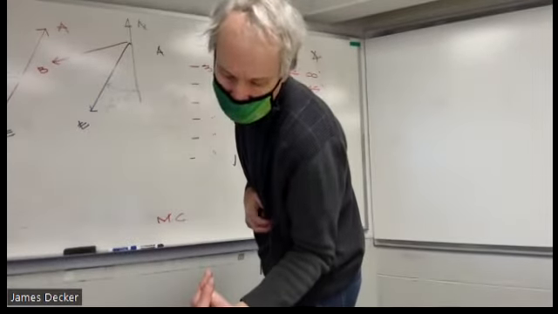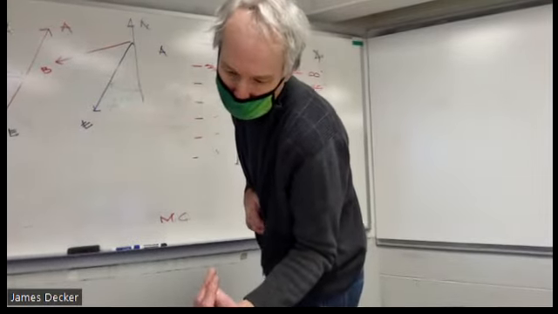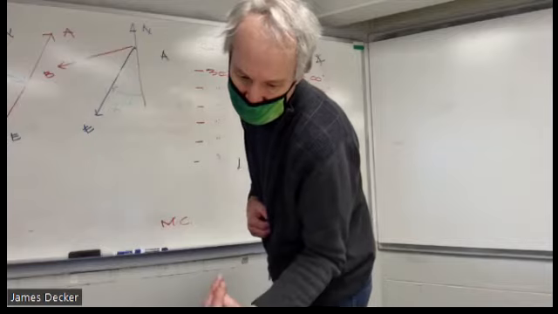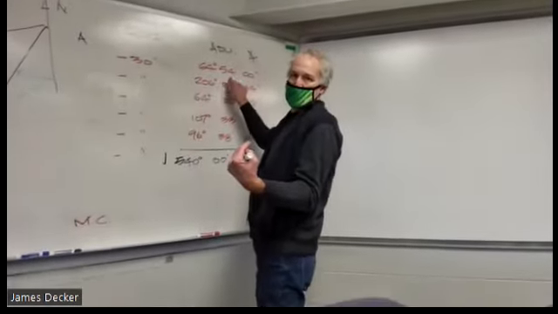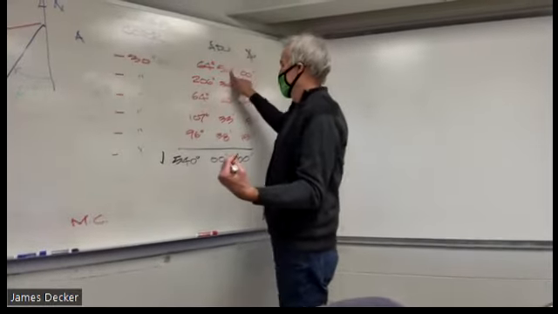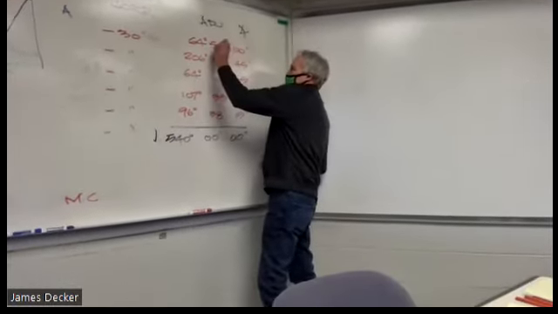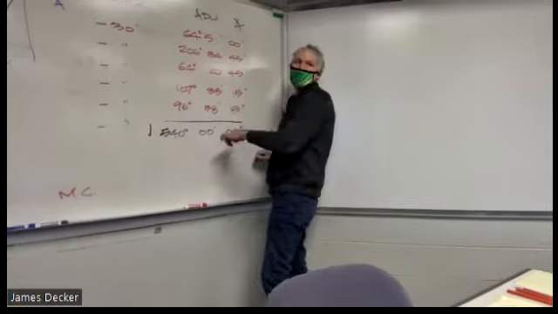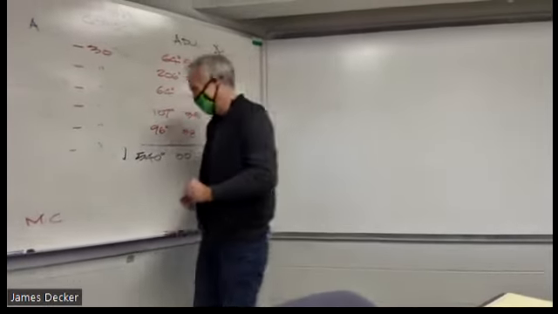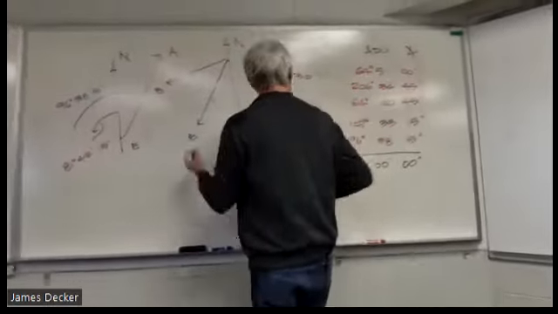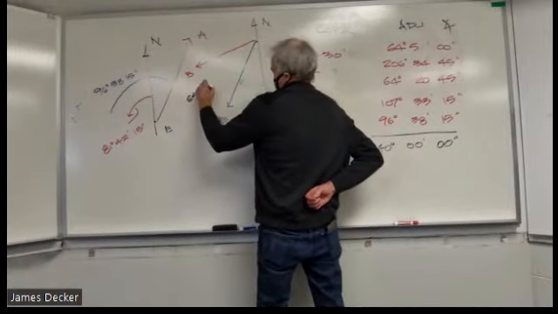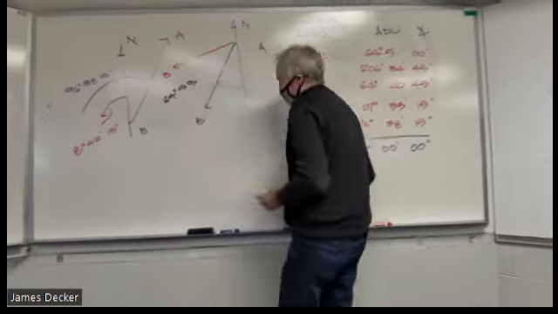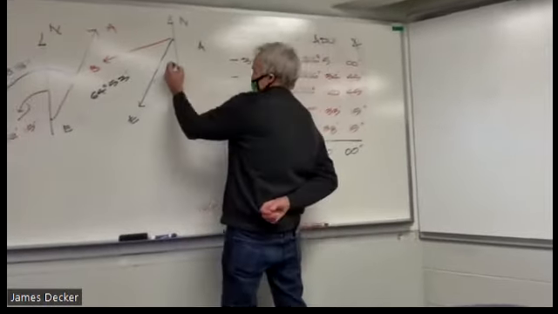Did I have a mistake here? Are we good? Is this wrong? It should be 53. Okay, that's right. So one of you guys told me that when you summed that up, we need to check that. So this should be 64°53', right? So how do we get this bearing right here?